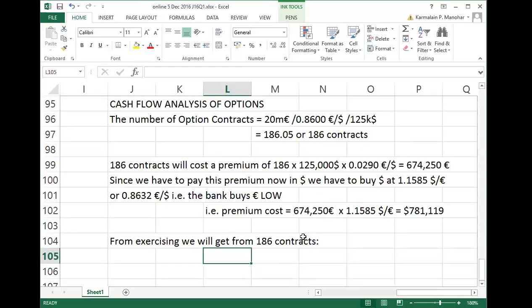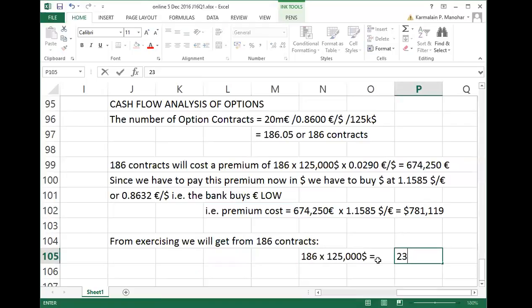So from the 186 contracts, this will get us 186 times $125,000. How much dollars will that get you? $23,250,000.